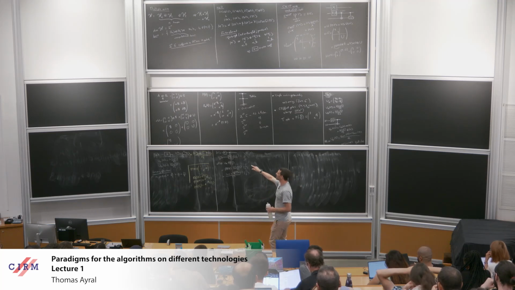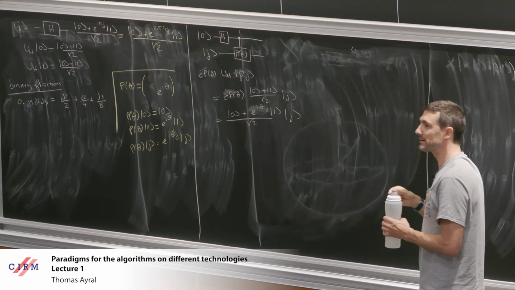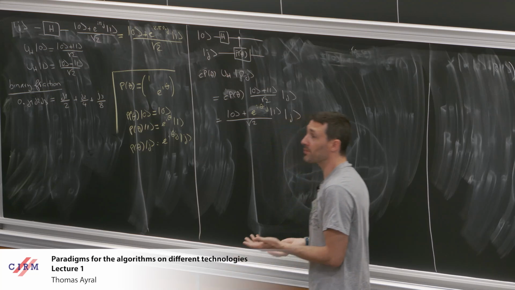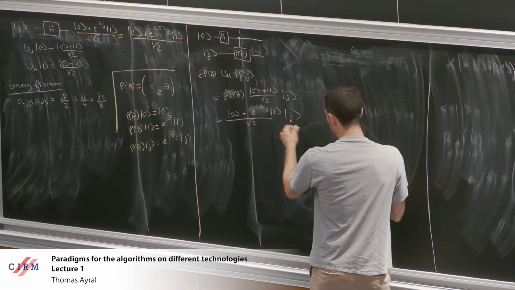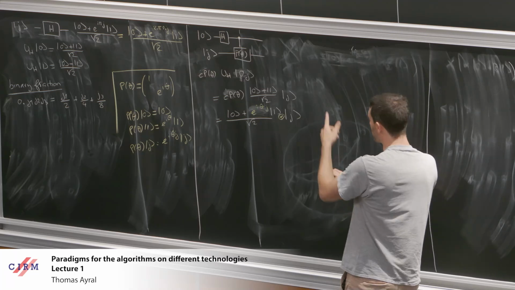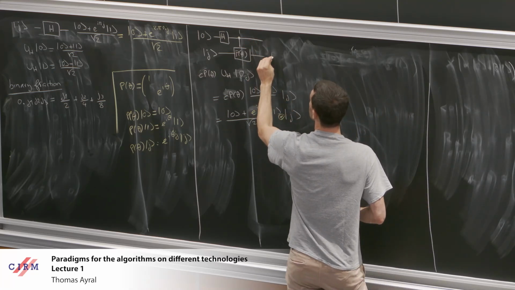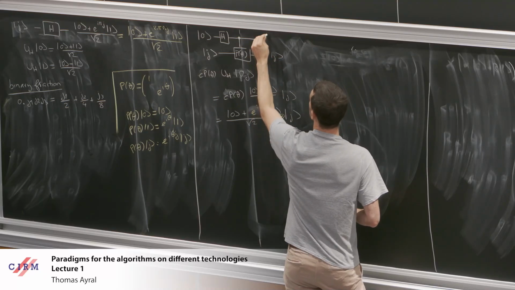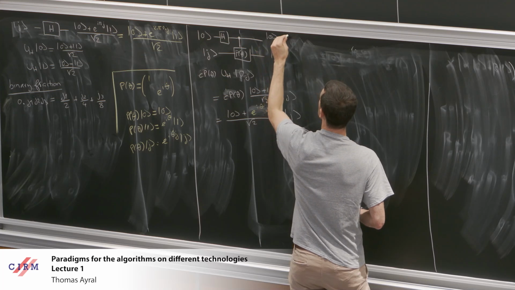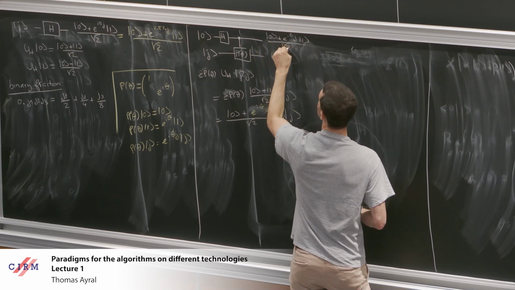When we look at the circuit, it has 2 qubit gates, so it should be entangled, but is it? It's separable, right? I didn't write it, but I could write here that it's tensor j. And that's why I'm going to write the result on the circuit here: here I have j, and here I now have a state which is 0 plus exponential of i theta j 1, over square root 2.